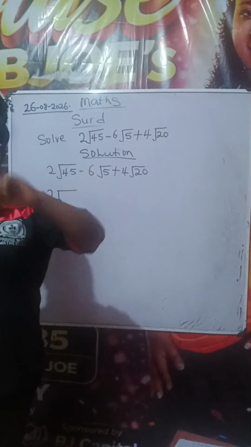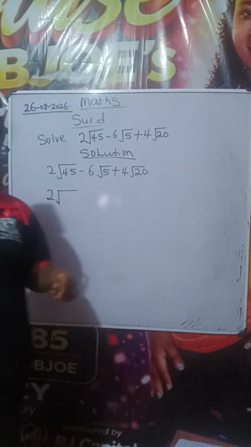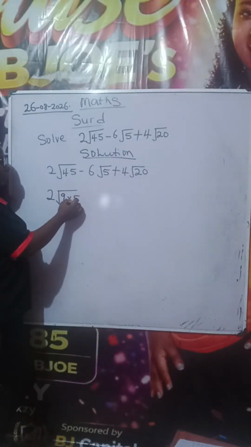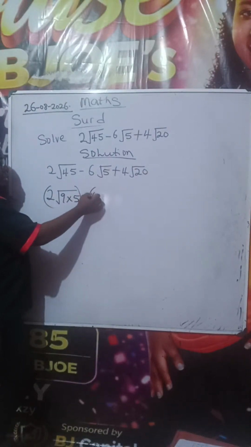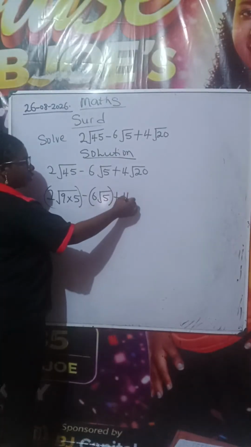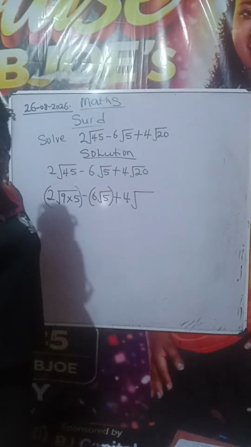But first, we'll write the perfect number first, which is 9 before the 5. So I'll first write 9, multiply the 5 here, minus, this one is simplified, 6 root 5, close this, plus 4. Now 20 is the same thing as what? 20.